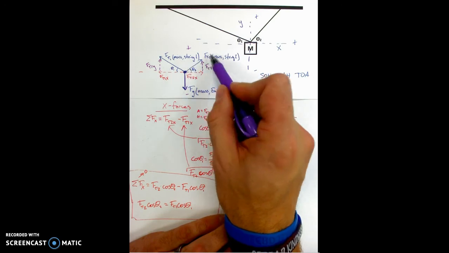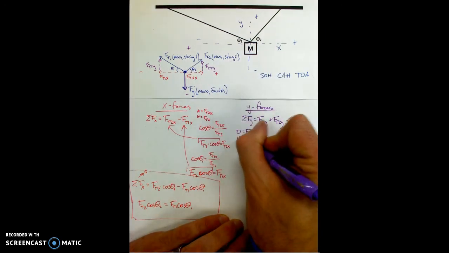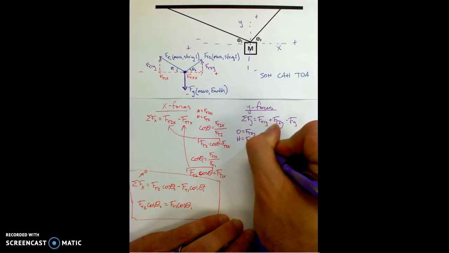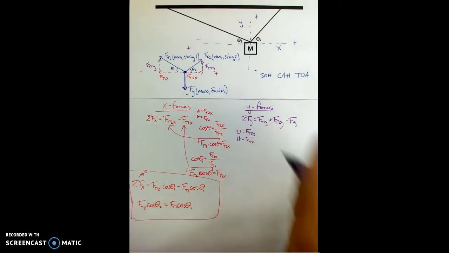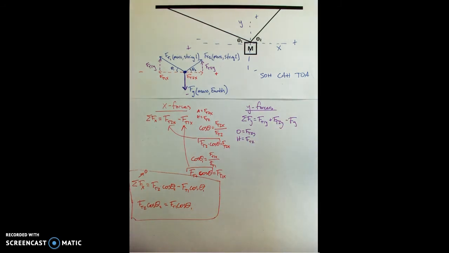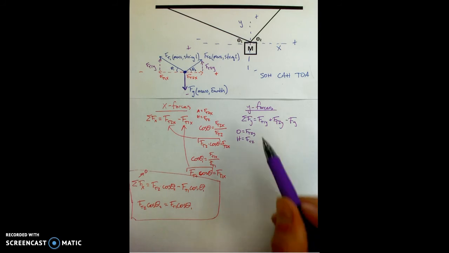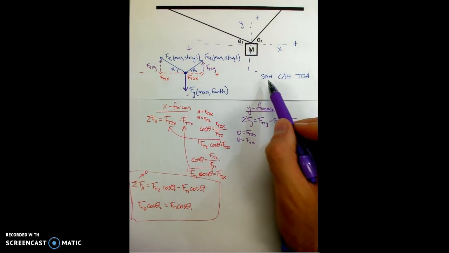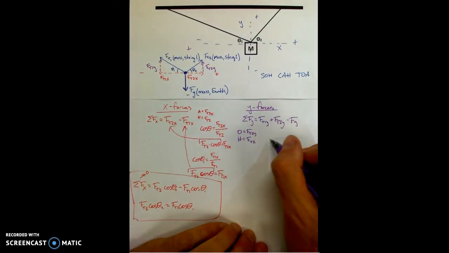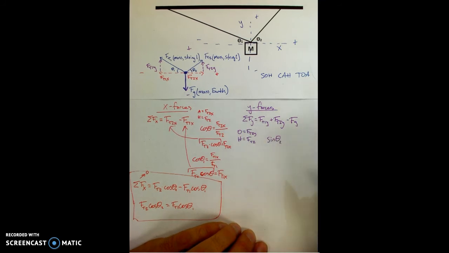And we're given the hypotenuse, which is Ft2. So that's going to show us which trig function we want to use. And since we have opposite and hypotenuse, it looks like sine is going to be the way to go. So if I set my equation up, it's going to be sine theta, in this case theta 2, is equal to the opposite side, which is Ft2y, over the hypotenuse, which is Ft2.